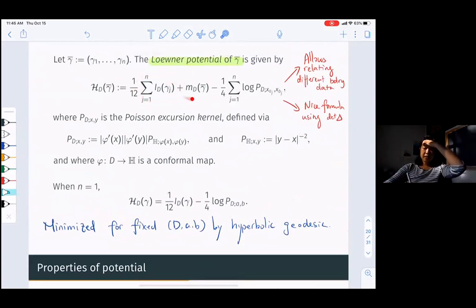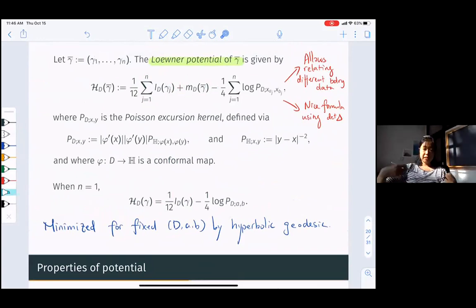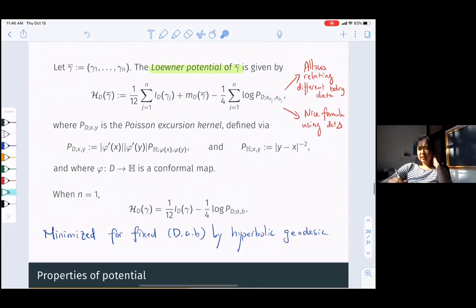And then there's the second term coming from the Radon-Nikodym derivative, giving you the interaction between those SLEs. And that is essentially the proof.